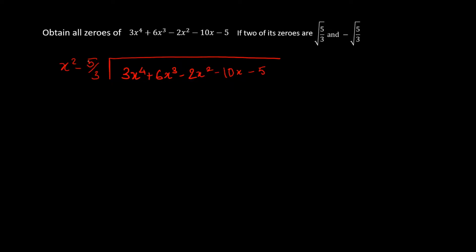Okay, now these are fractions and usually fractions are not so comfortable to deal with, but still let us continue with it. Now here I have x square and there I have a 3x power 4. So I'll write 3x square here. So after I multiply, I'll get 3x power 4, right?